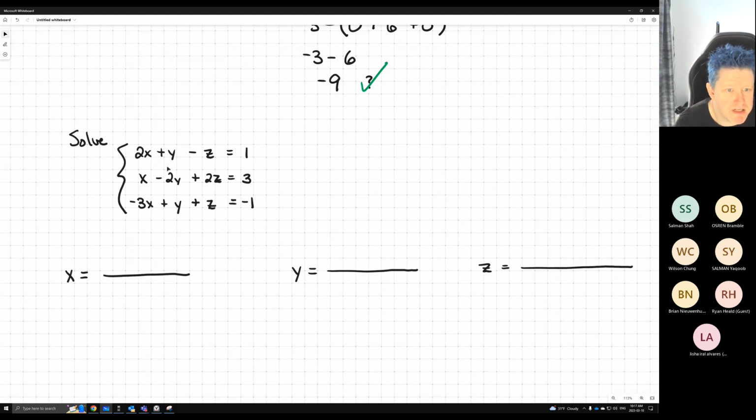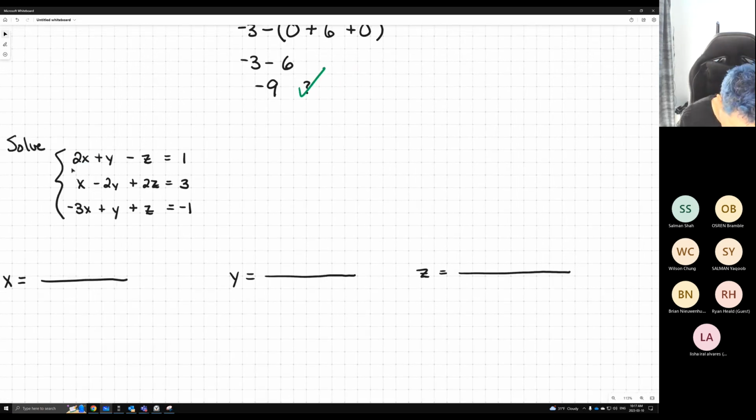So what I'm going to do is find the determinant of my left-hand side coefficients. Let's write that out over here to the right.